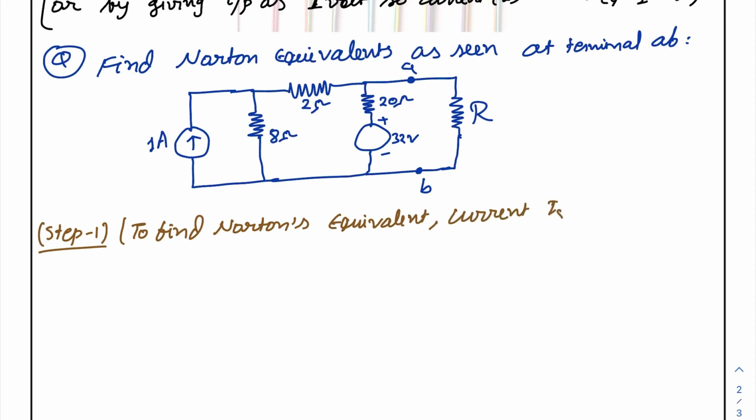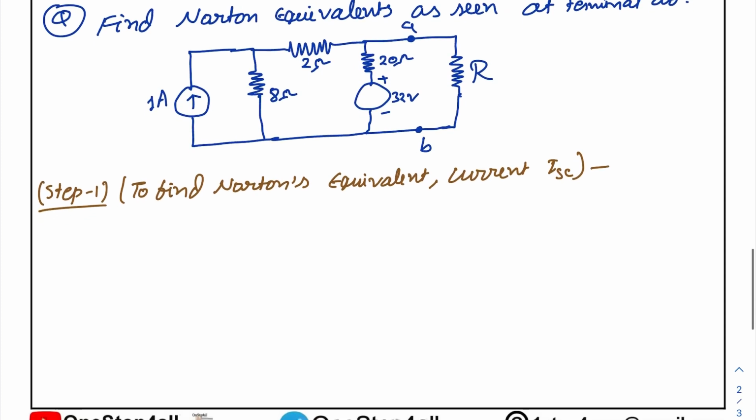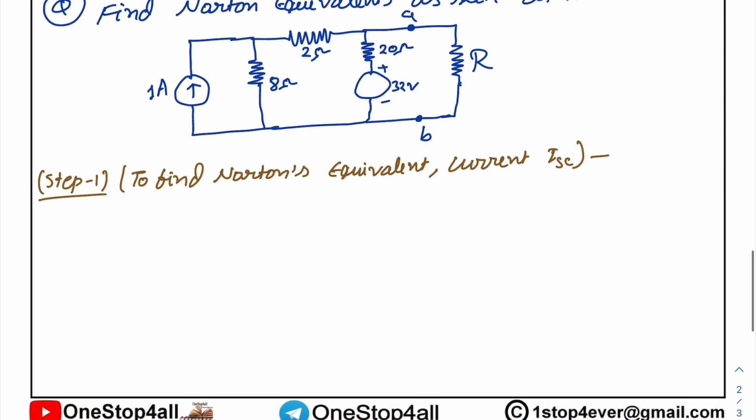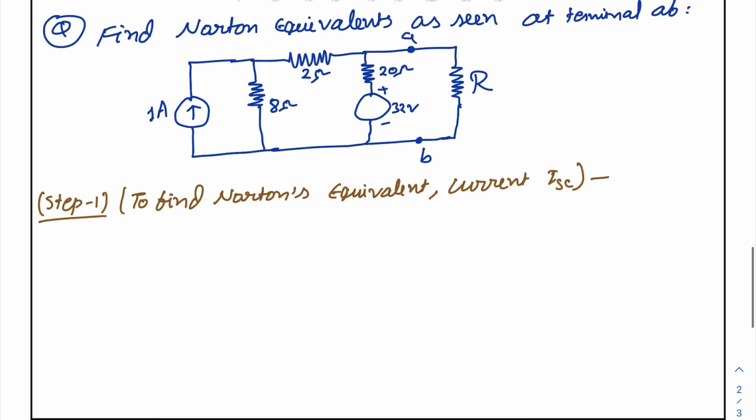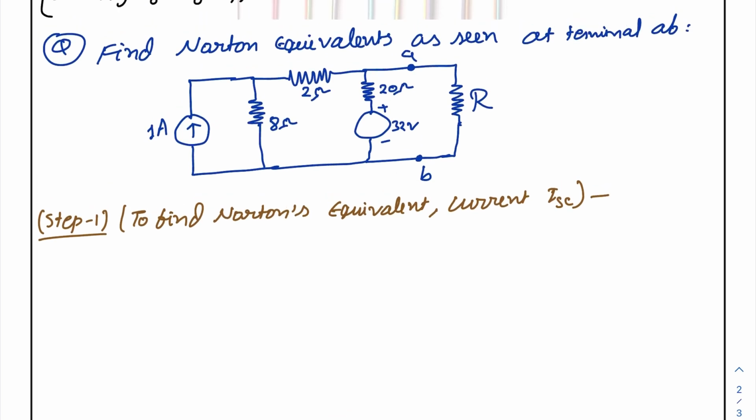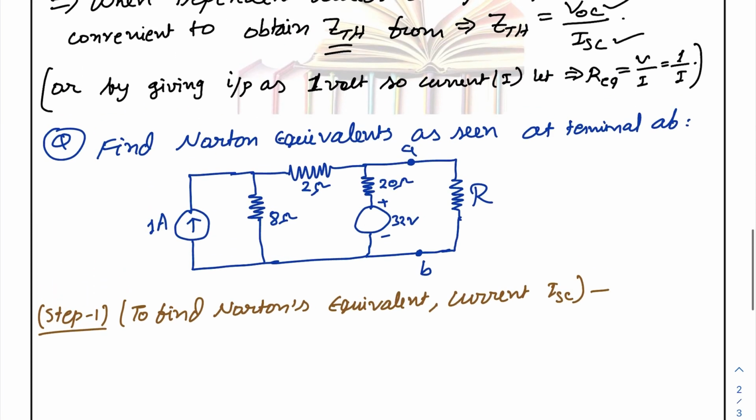Okay, Norton equivalent current ISC. So to find out the Norton equivalent current, we will redraw this circuit and then easily we can. So for finding out the current ISC, it is the load current, means through the terminal AB.